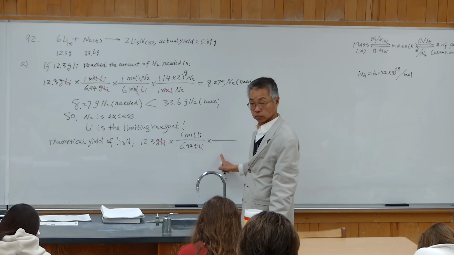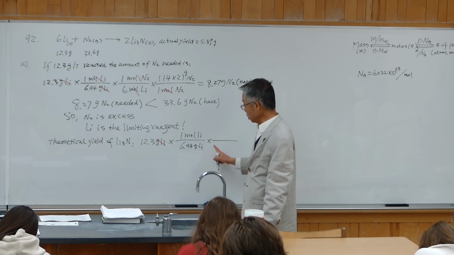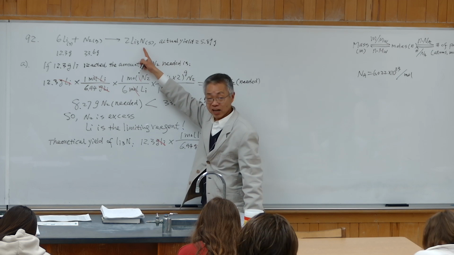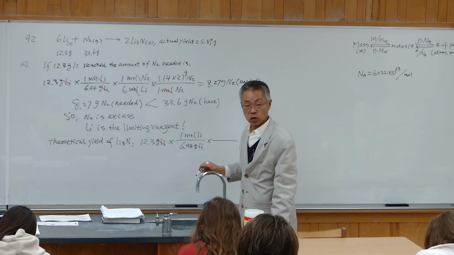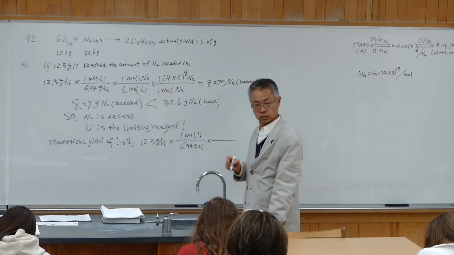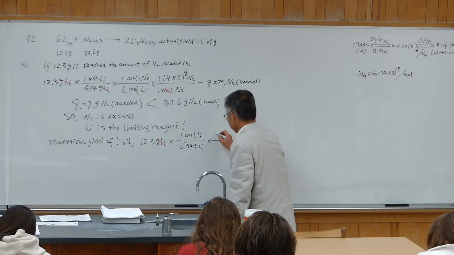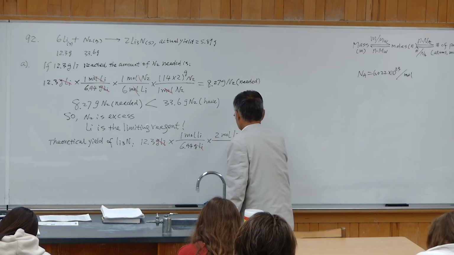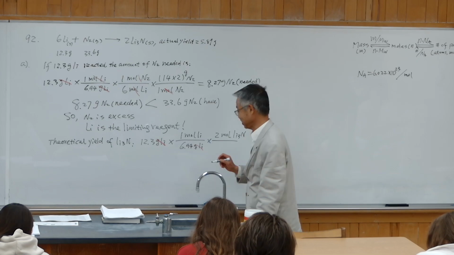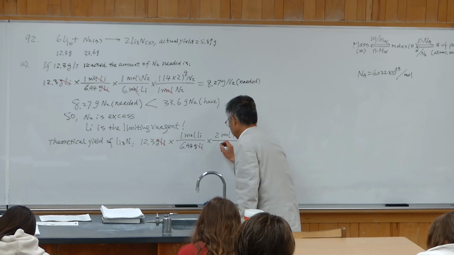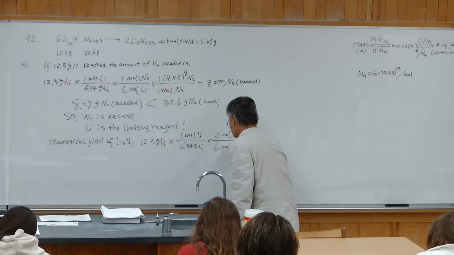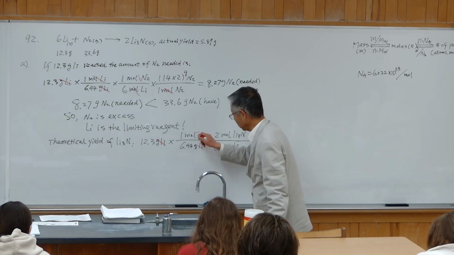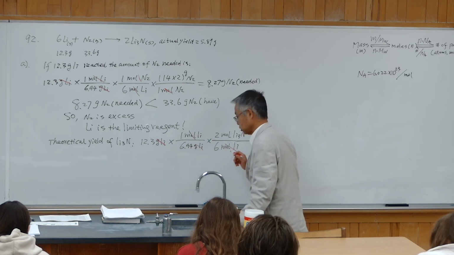Since we want to convert mole of lithium into mole of lithium nitride, of course mole of lithium nitride goes on top, and mole of lithium on the bottom so it cancels.